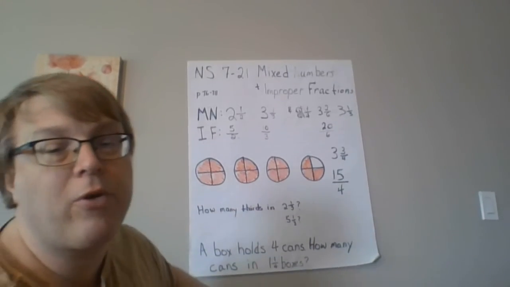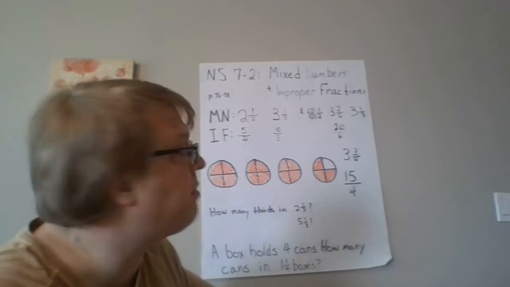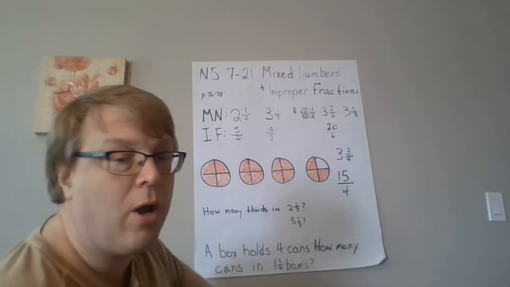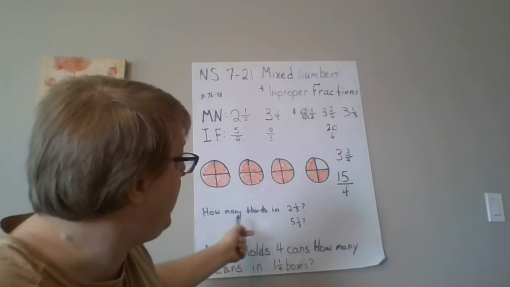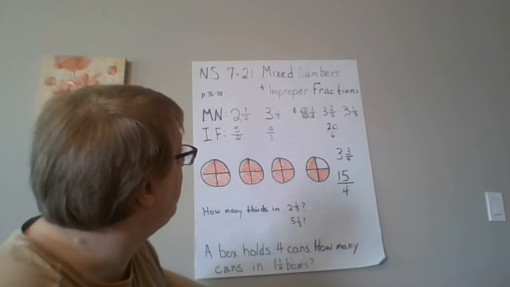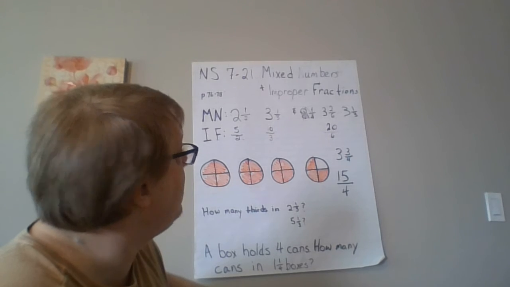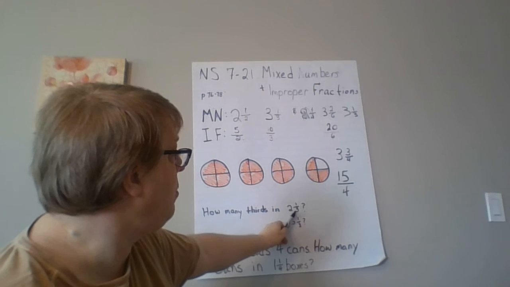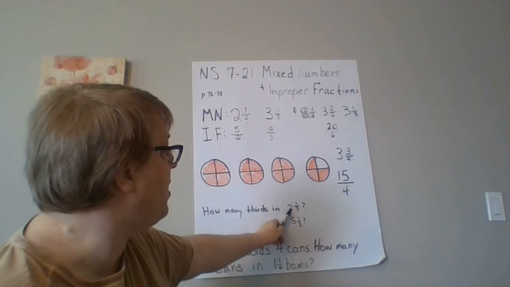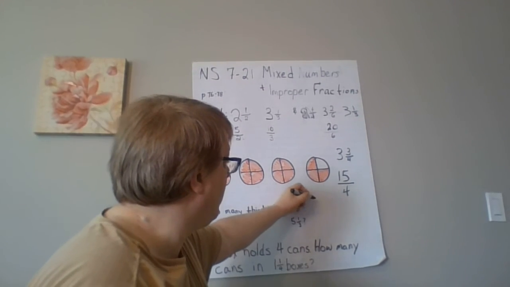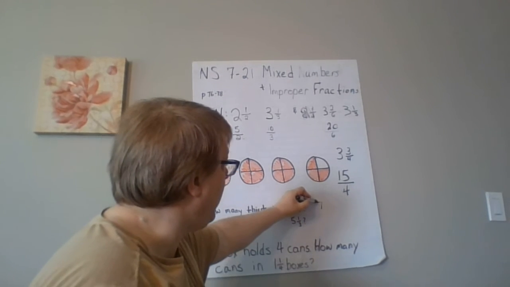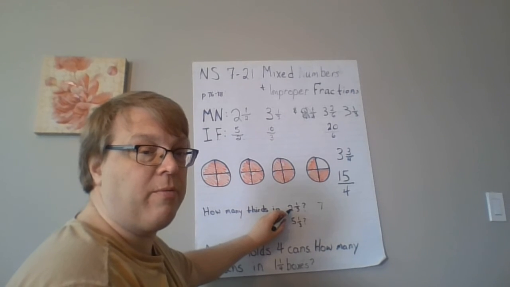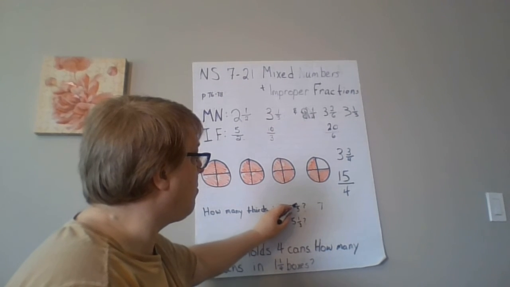So let's look at a few word problems because we know these are the hardest of them all. How many thirds are in 2 and 1/3? What are they meaning? They're meaning what would be the top number in an improper fraction. How do we figure this out? 2 times 3 is 6, plus 1 is 7.